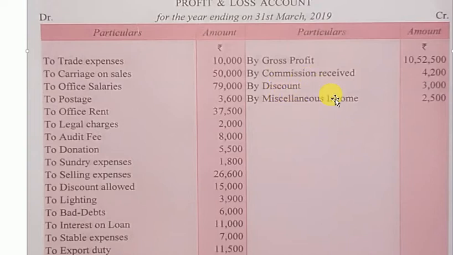So here we'll record all indirect expenses on the debit side, and here we'll record all indirect incomes on the credit side.